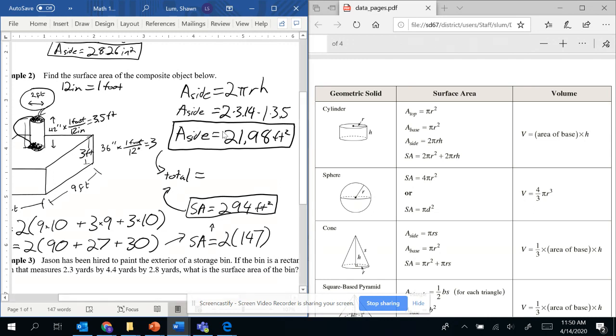If I did this one in inches and this one in feet, I cannot add them together. I have to keep everything in square feet, and then you're able to add it together. So 21.98 plus 294 equals 315.98 feet squared.